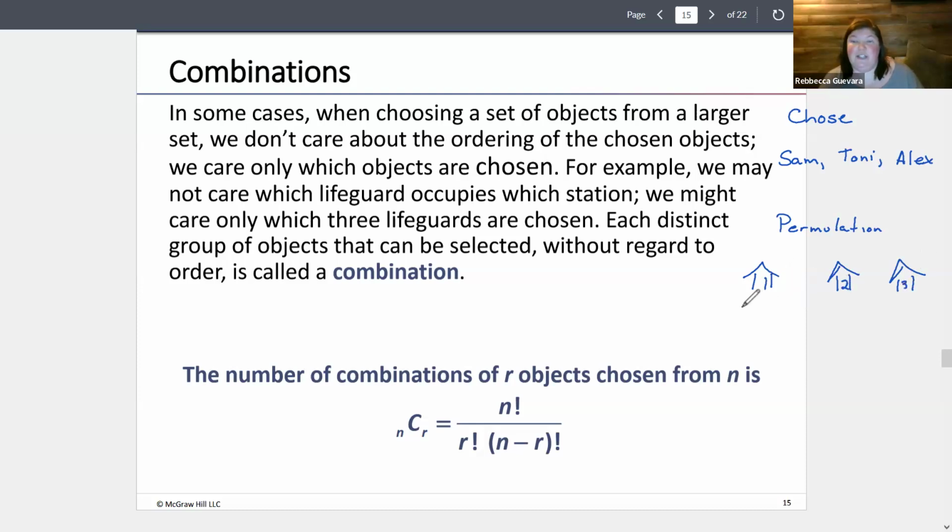If Sam goes here, Tony goes here, and Alex goes here, that is a different group than if Tony goes here, Sam goes here, and Alex goes here. If this is Sam, this is Alex, and this is Tony, that's a different group as well. So in a permutation, these are all different groups.